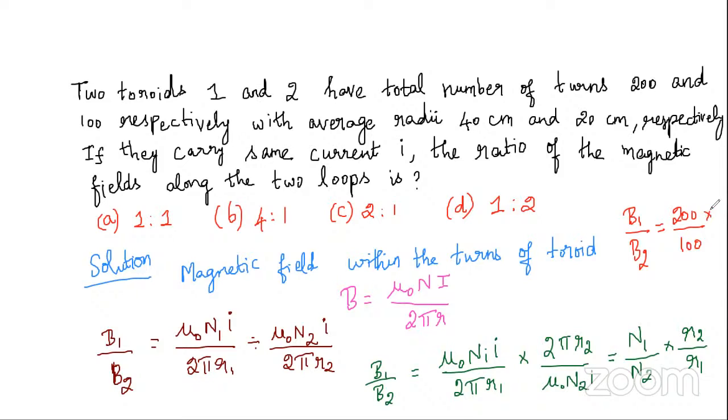R2 is 20 centimeter divided by R1, which is 40 centimeter. So in that case B1 by B2 will be 2 by 1 into 1 by 2. What will happen? It will give you 1:1. So 1:1 is the ratio, and it is the final answer.